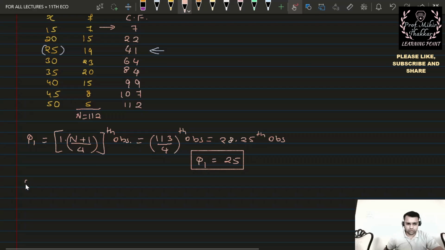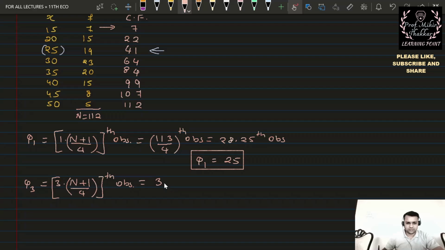Similarly, when you want to do it for the third quartile Q3, it will be 3 into n plus 1 upon the fourth observation, which is 3 into n plus 1 by 4. We have already seen it is 28.25. So let us just multiply these both numbers.